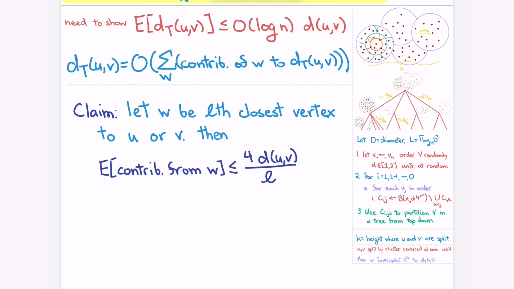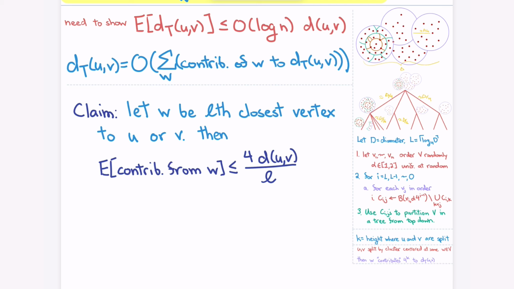Okay, so here is the claim. The claim is that if W is the 10th closest vertex to U or V, so by 10th closest, I mean U and V are the first and second closest, and the third closest is the closest to U or V. The fourth is by distance, the minimum between the distance from W to U and W to V. That's what I mean by closest.